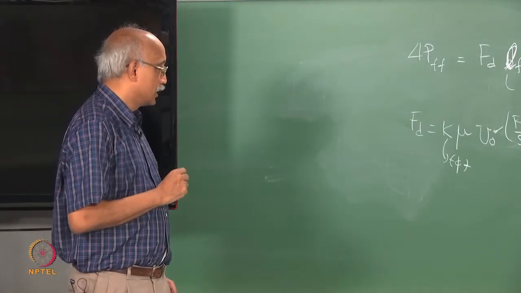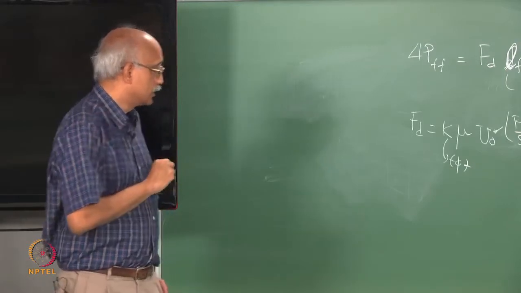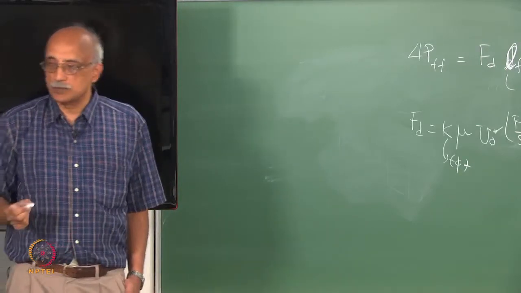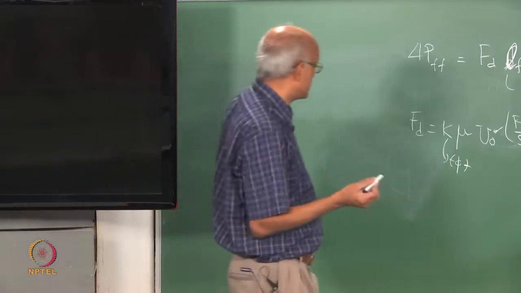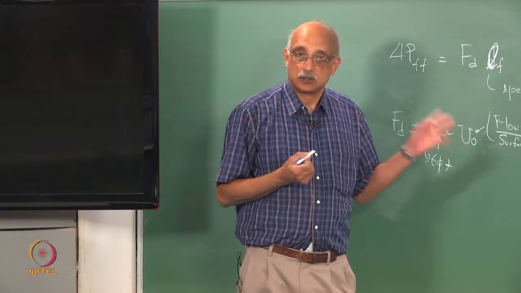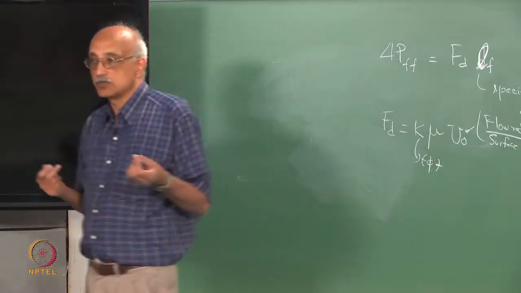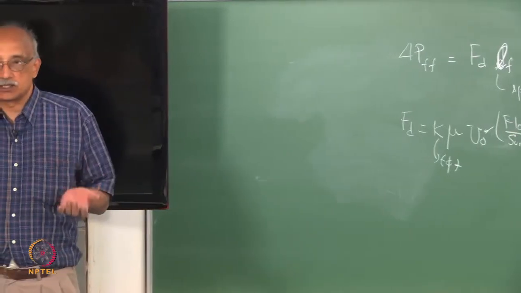But so again, if you look at this expression, if you want to minimize pressure drop, what do you want? You want a low value of the packing fraction, you want a low value of the fiber volume fraction, but then that will decrease efficiency.